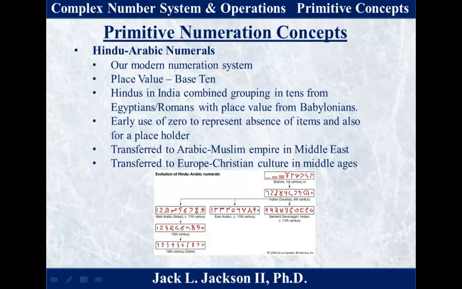And by the time we get to the 16th century, they pretty much have the same shape that we would recognize today. Okay, so somewhere in the 15th or 16th century is when it finally made its way into Europe. Very late in history, if you think about it.